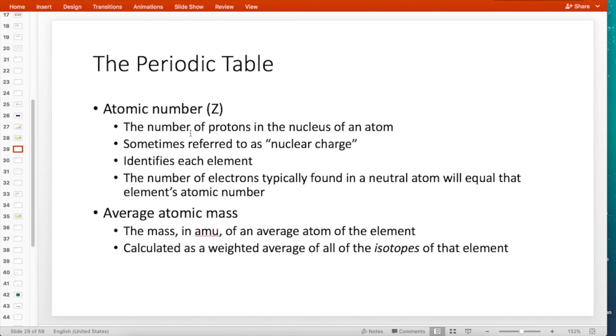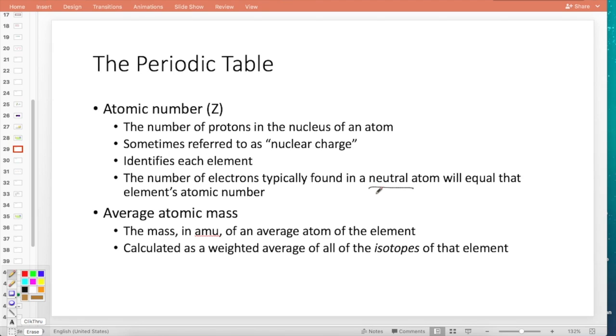That number is also helpful for another reason, because typically speaking, that number will also be the number of electrons in the atom. So atoms tend to be electrically neutral, which means their overall total charge is 0. So what contributes a positive charge? The protons. What contributes a negative charge?